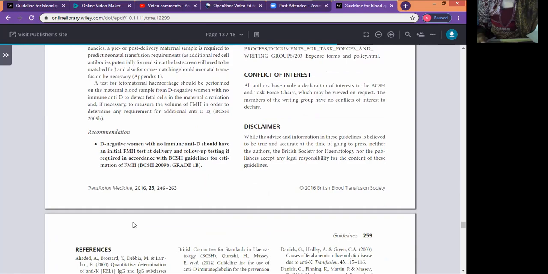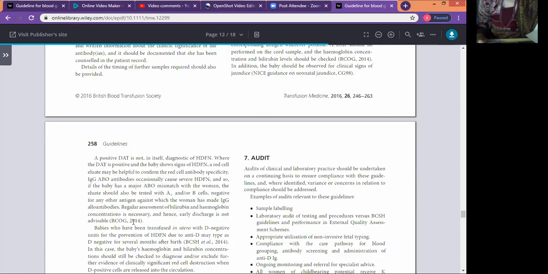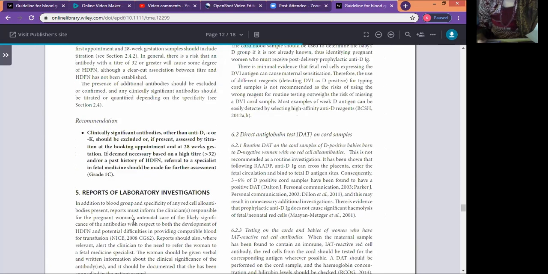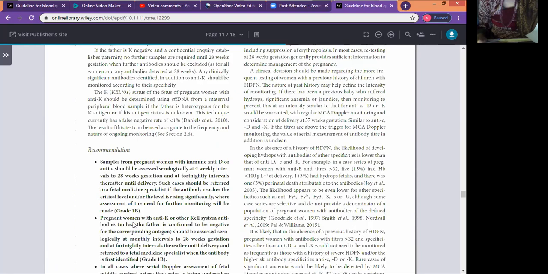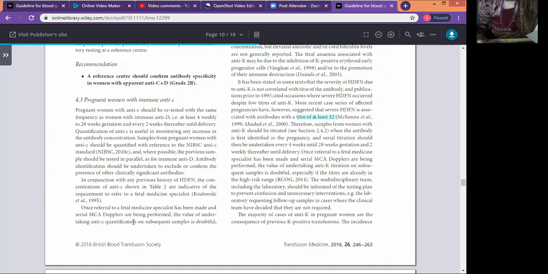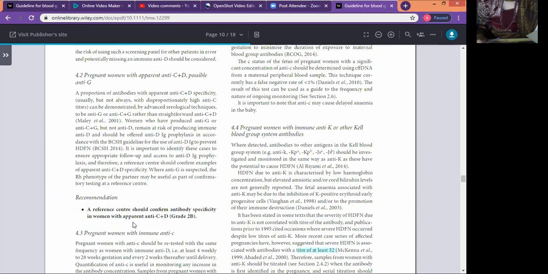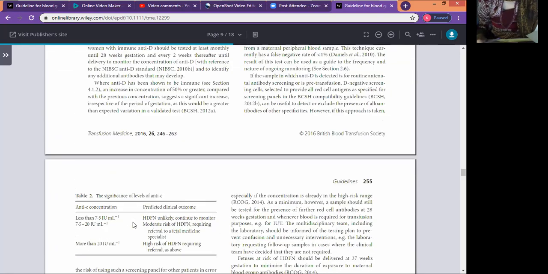The most important charts are the ones that we went through regarding the clinically significant antibodies, that mention the titers that need to be done and monitored.